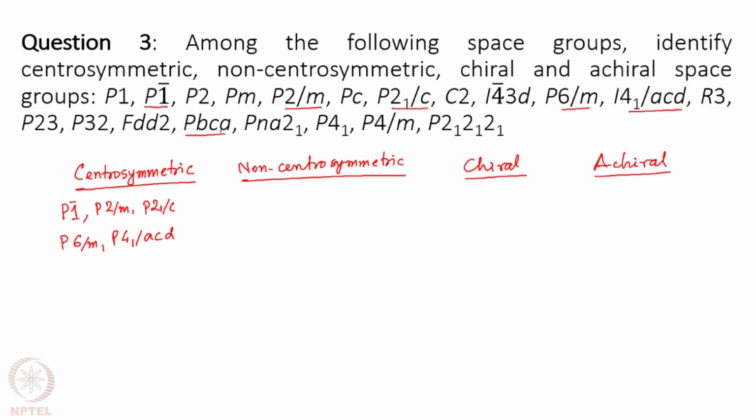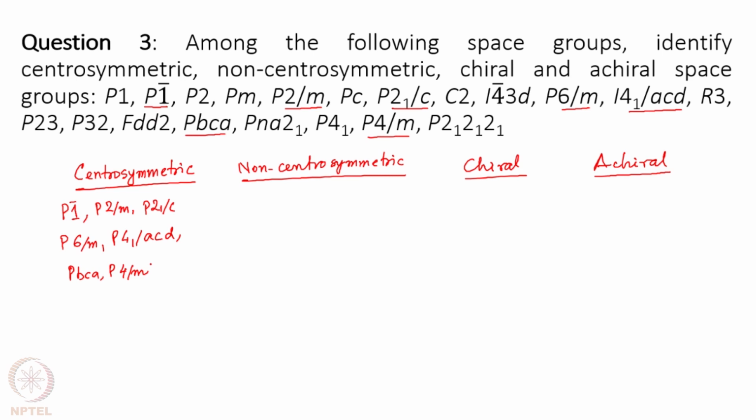Then we have PBCA, which is MMM point group, P4 by m. So PBCA, P4 by m, these are centrosymmetric space groups.